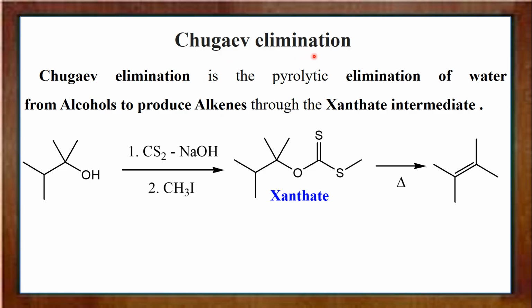And this Chugaev elimination involves an intermediate xanthate. The alcohol is converted to a xanthate, and this xanthate on heating undergoes Ei elimination, intramolecular elimination, resulting in the formation of an alkene. We shall discuss the mechanism of this reaction in detail.